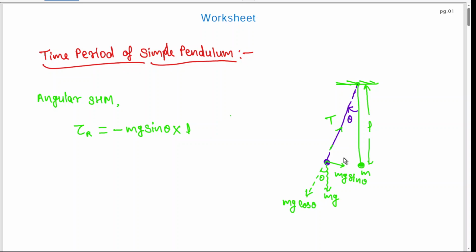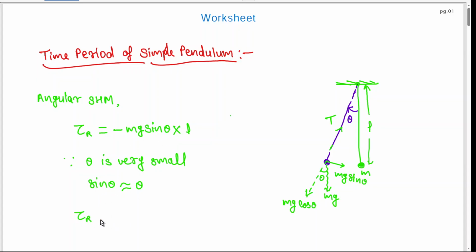Now as we say, for this pendulum to perform S.H.M, this theta should be very small. So since theta is very small, sin theta can be approximated as theta in radian, right? So we can replace this sin theta with theta.